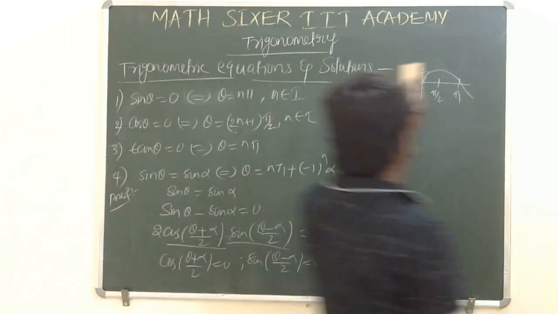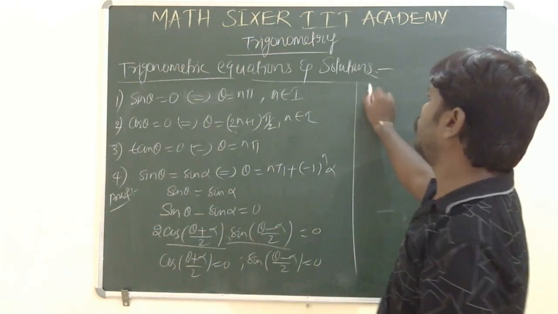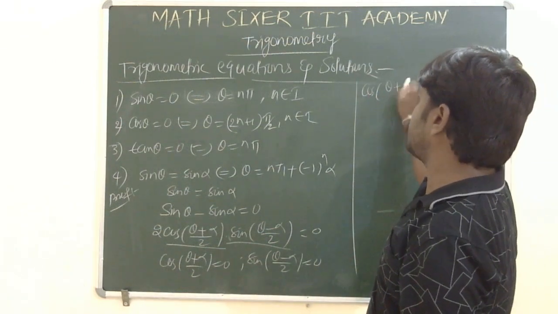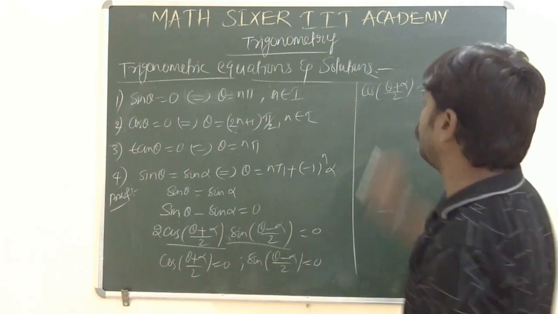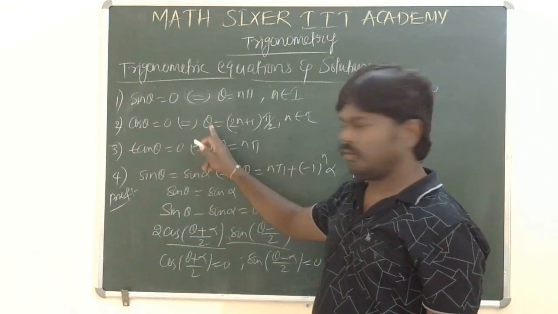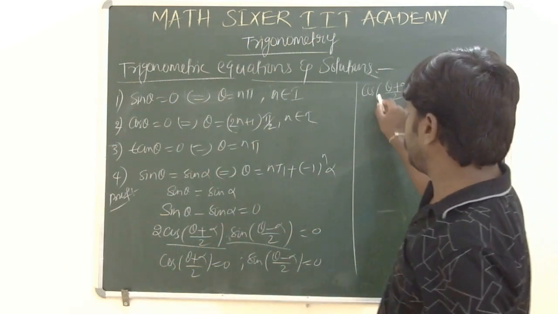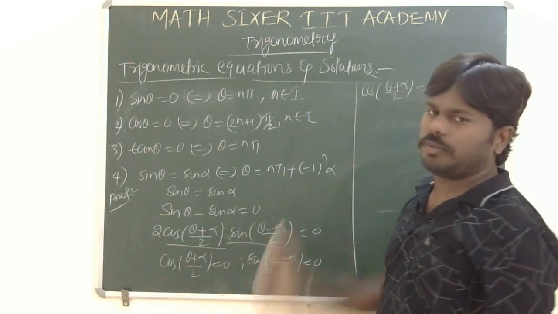Okay, so now when you take cos theta plus alpha by 2 is equal to 0, as we know, cos theta is equal to 0 when theta is equal to 2n plus 1 into pi by 2. So here in place of theta we have theta plus alpha by 2.